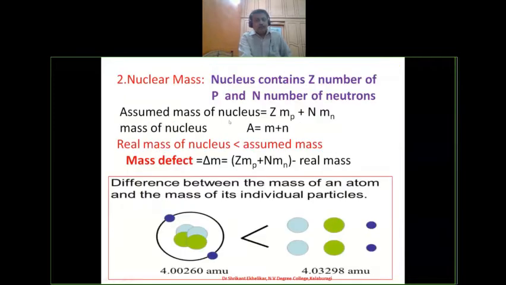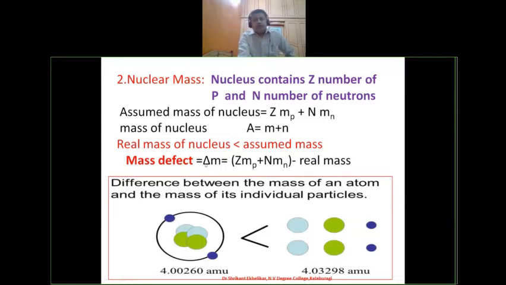And also nuclear mass is because of what is there inside a nucleus. Inside a nucleus only protons and neutrons are there, Z number of protons and N number of neutrons, and their mass is Z m_p plus N m_n. And the actual mass, that is the real mass, as a whole is less than the sum of the separately weighed assumed mass.